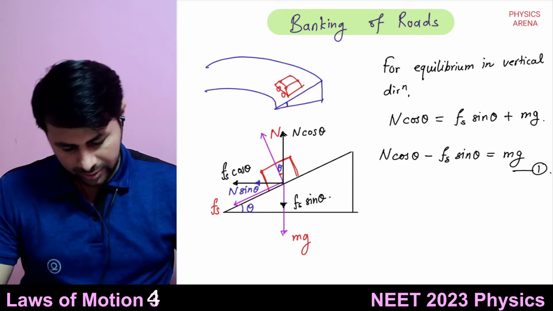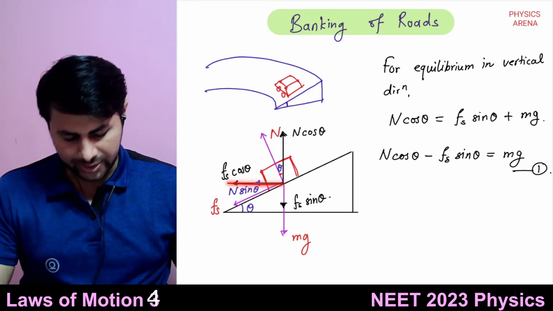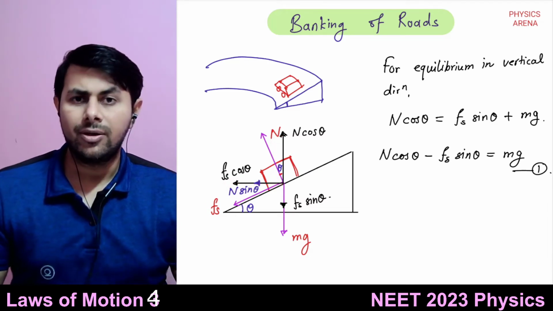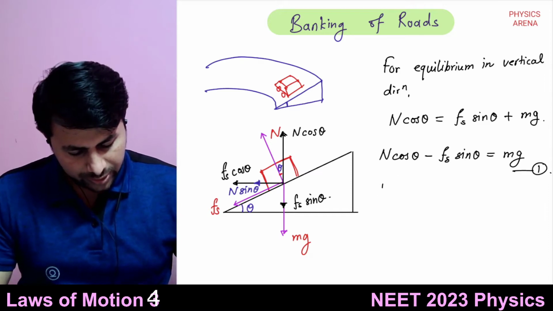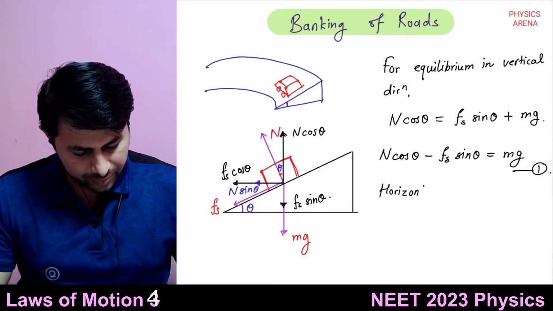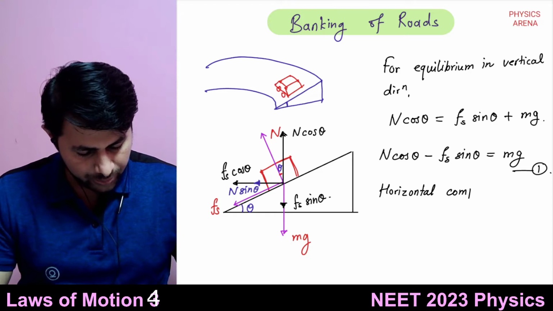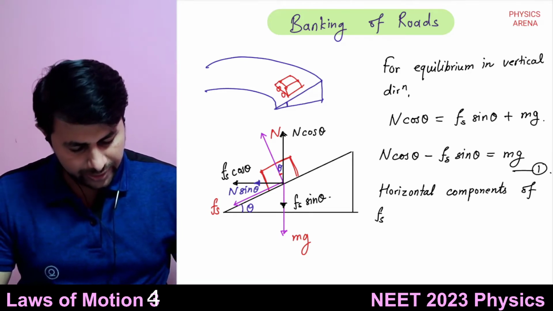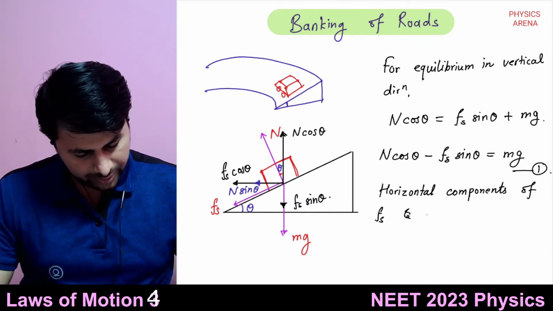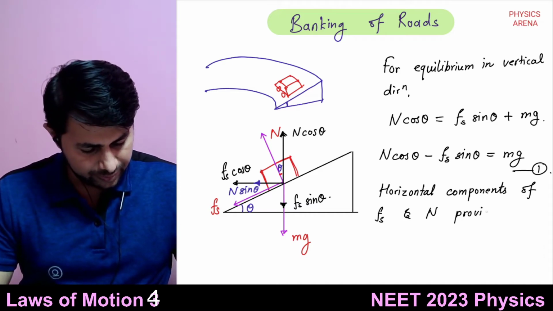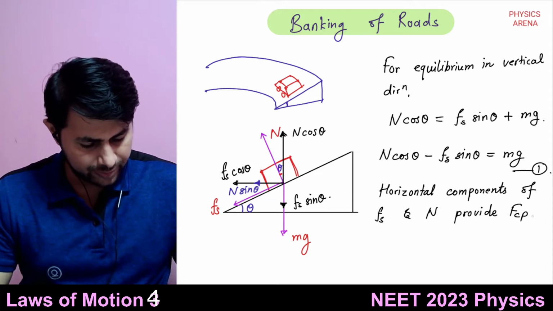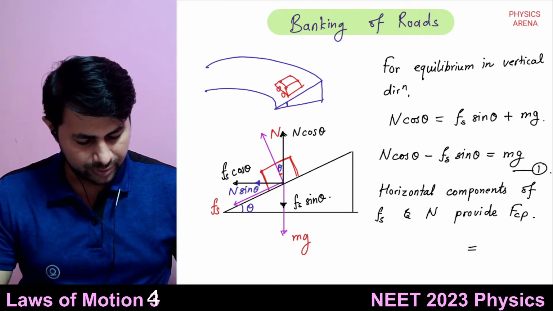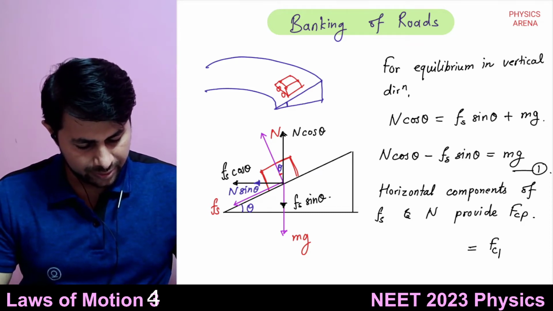Then the horizontal components of Fs and normal reaction provide the centripetal force, and therefore we can write that centripetal force FCP is equal to what?